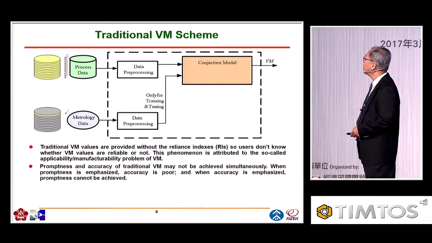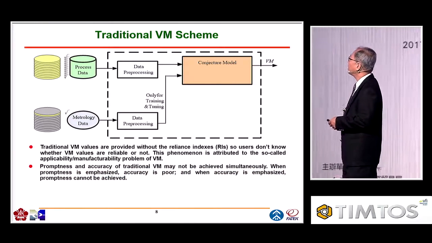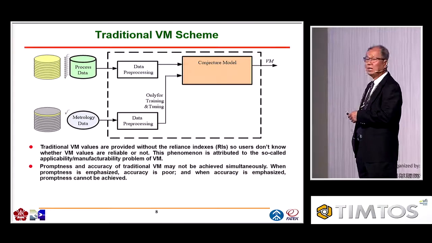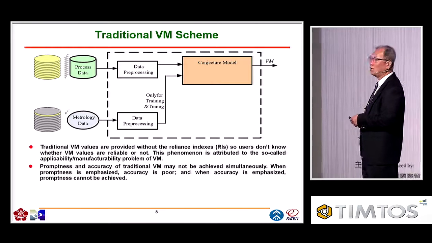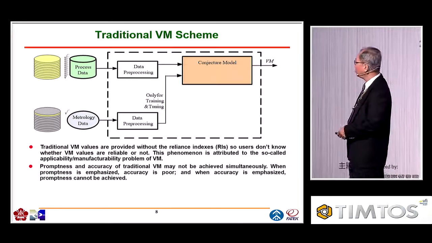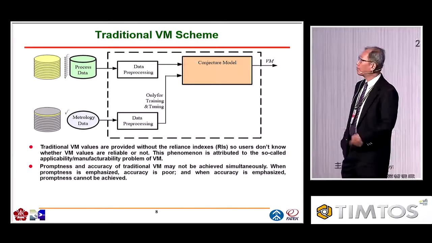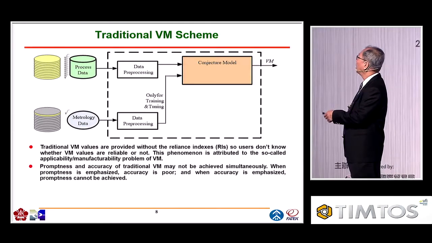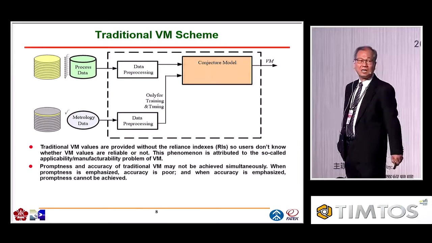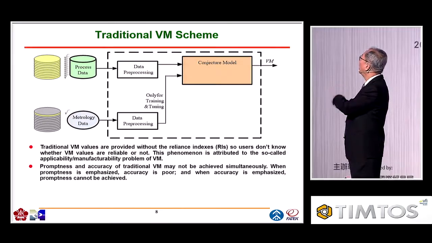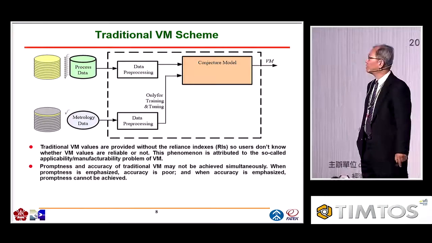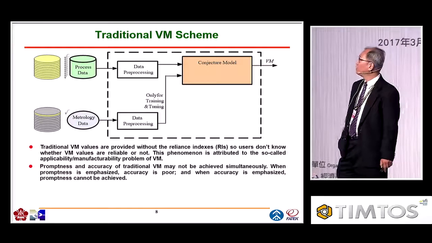The second problem is, as we have already told you, that in virtual metrology we need to consider promptness and accuracy. For promptness, after we collect all the process data, we can conjecture within about 10 seconds.